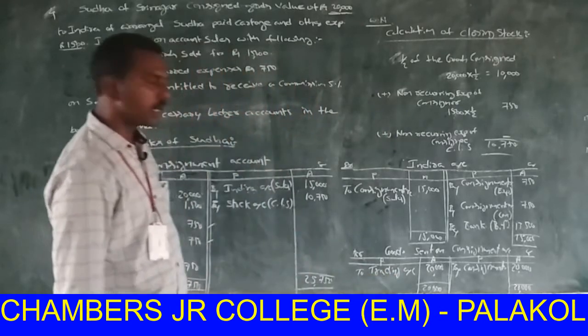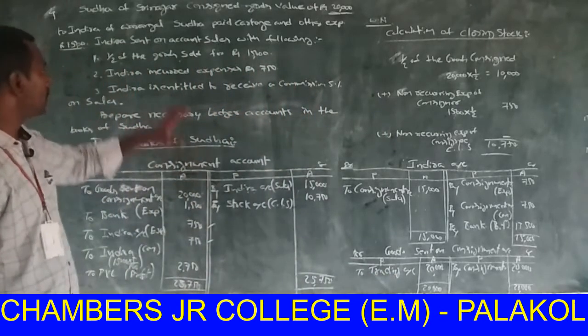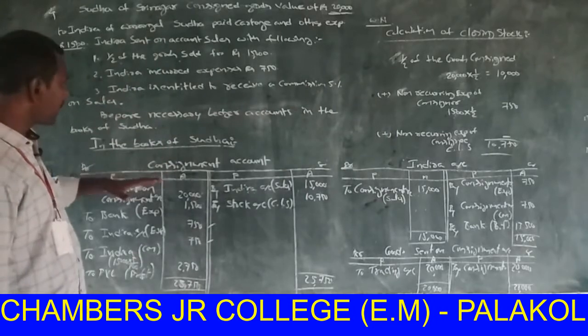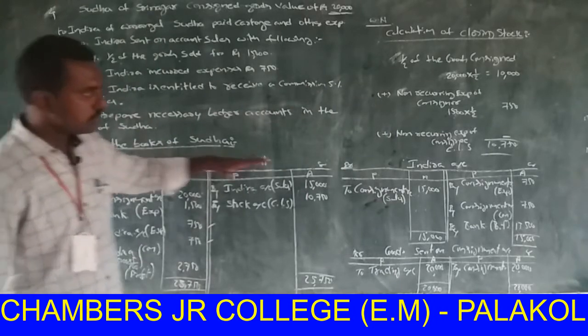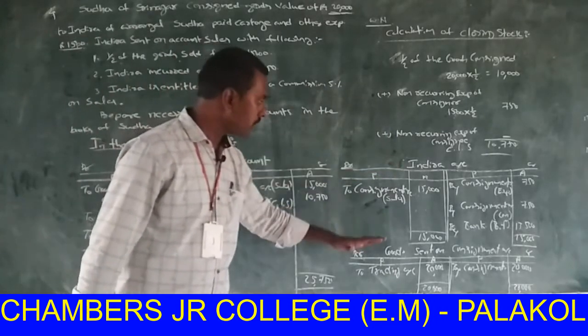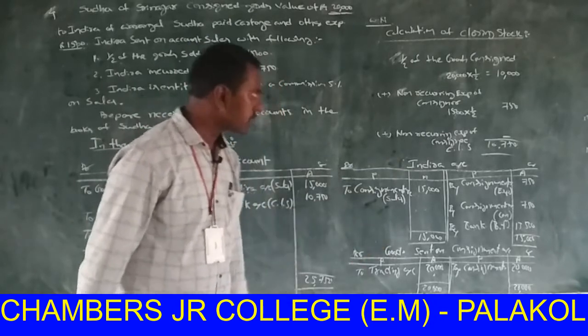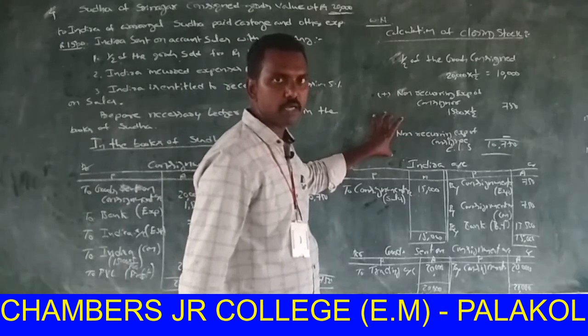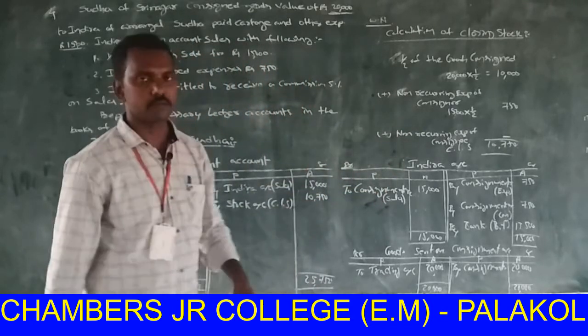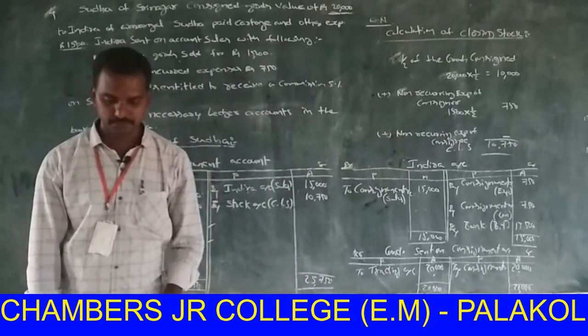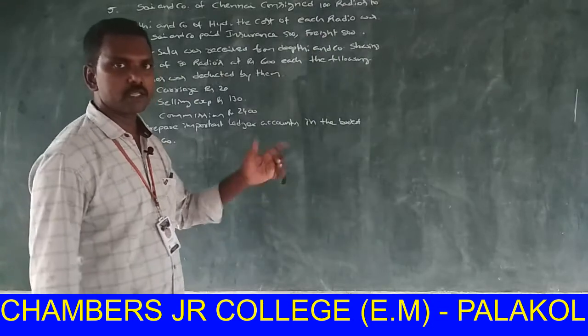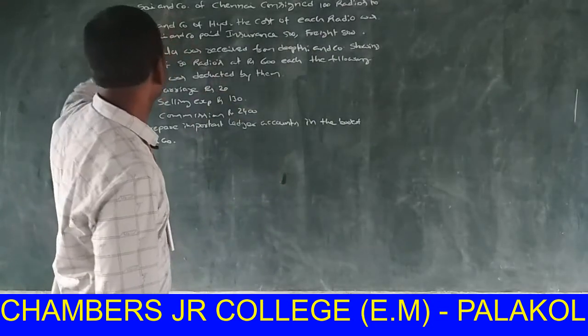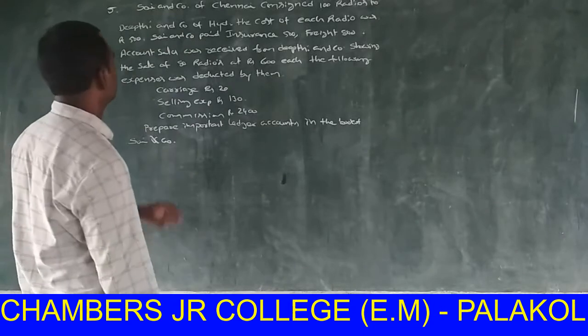Now close the account. Here you prepared the consignment account and the consignee Indira account, the goods sent on consignment account, and also calculated closing stock. Okay. Now let us see another problem in consignment, that is problem number 5.